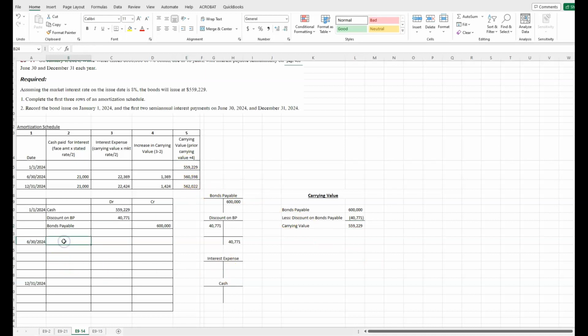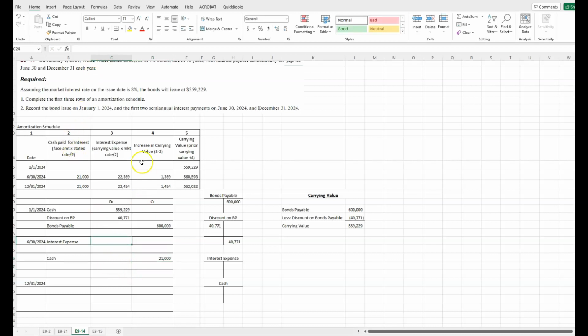Our first interest payment. We're going to have some interest expense. And I'm going to skip a line. I'm going to put cash. How much cash are we paying? Well, we're always paying 21,000. Oops, not 210,000, 21,000.